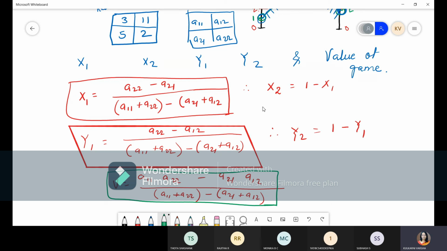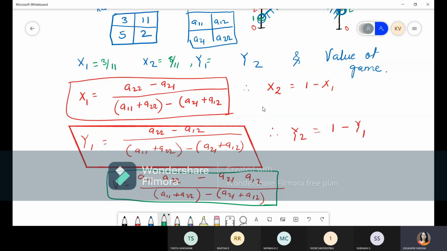So find out the values of x1. So what will come as x1? Anybody with a calculator? Mobile calculator is there, otherwise use a proper calculator. So we are getting the answers for this. x1 is equal to 3 by 11. Therefore x2 is equal to 8 by 11.